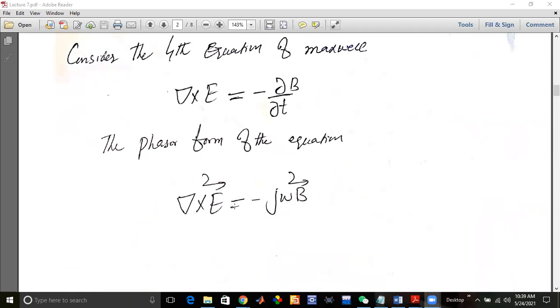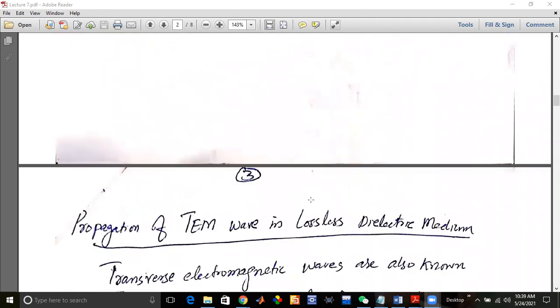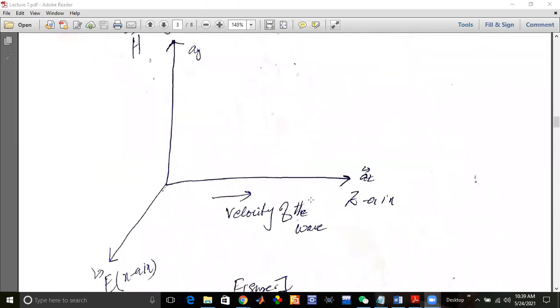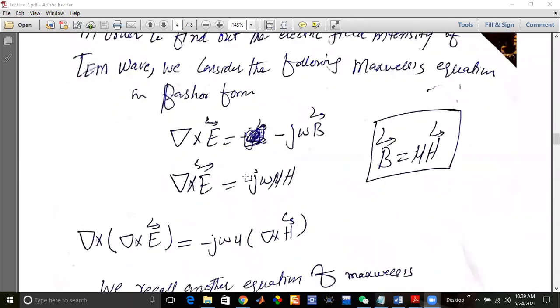The curl of the electric field intensity E is equal to minus j omega times the phasor form of the magnetic flux density B. This is the electric field intensity, this is the magnetic field.